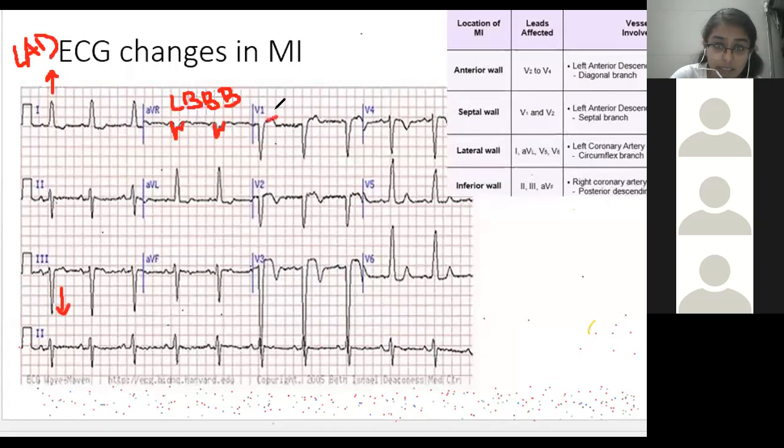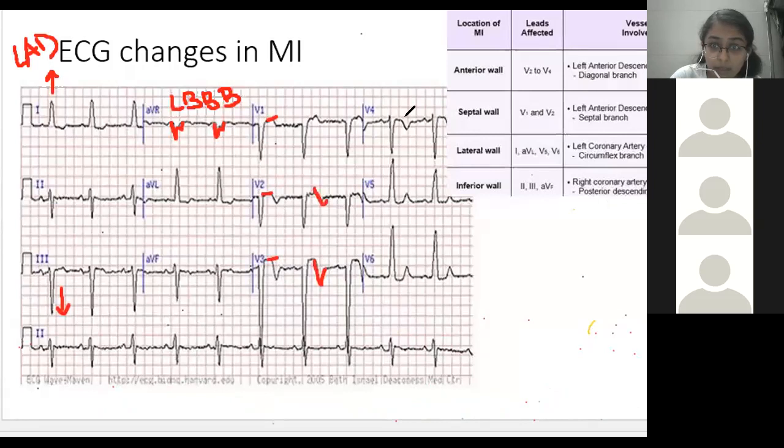You can see there is major ST segment elevation, T wave depression in V1, V2, V3, even V4 shows ST elevation. Although V5, no, there is no elevation, a little depression in V6, you can see.